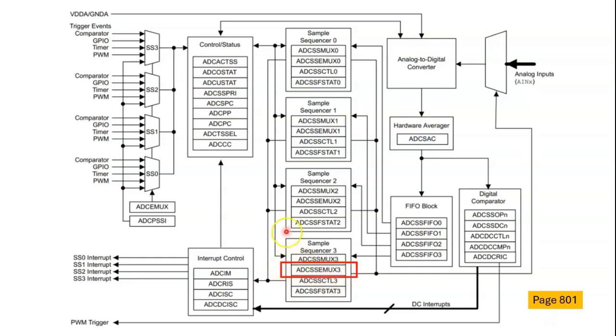Now that is the ADC sample sequence input multiplexer select 3. And then we have the ADCSSCTL3. Now this is the ADC sample sequence control 3.